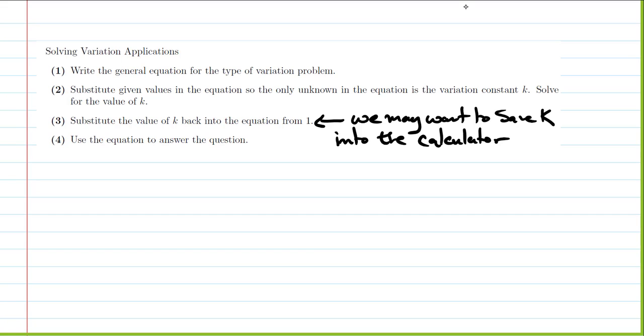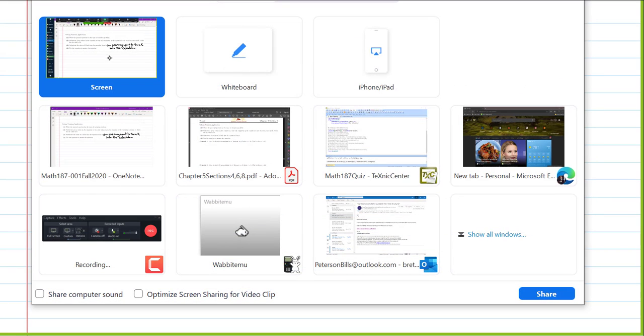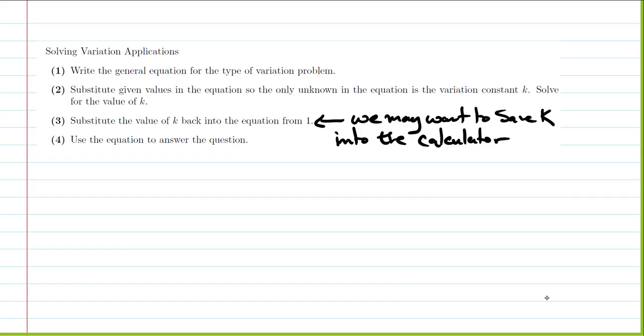And finally, step 4, we're going to use the equation to answer the following question.